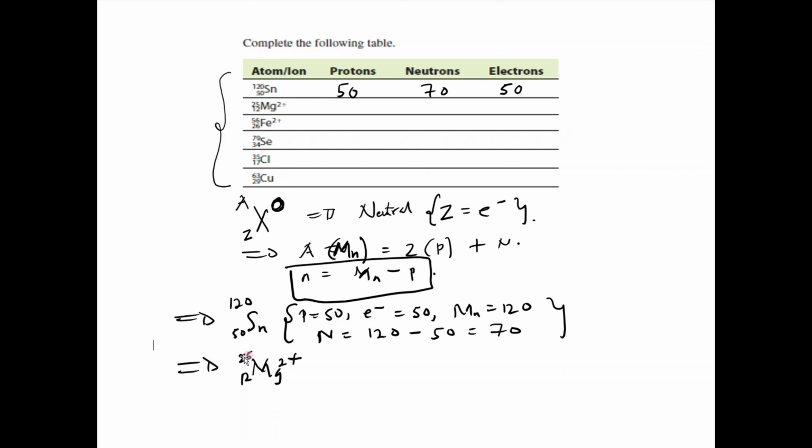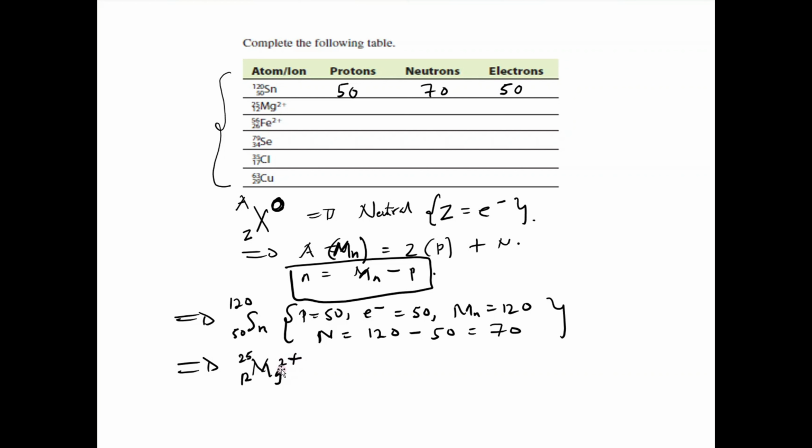So this particular atom has a mass number of 25, a neutron number which is going to be calculated, and a proton number of 12. But it has a charge of plus 2, so the charge is positive. Whenever a chemical species has a positive charge, it means it has a net deficit of electrons equal to what?